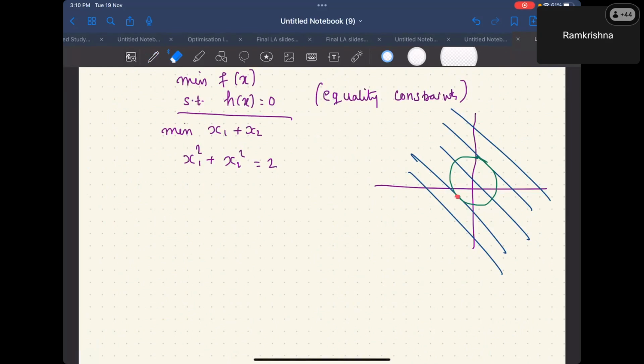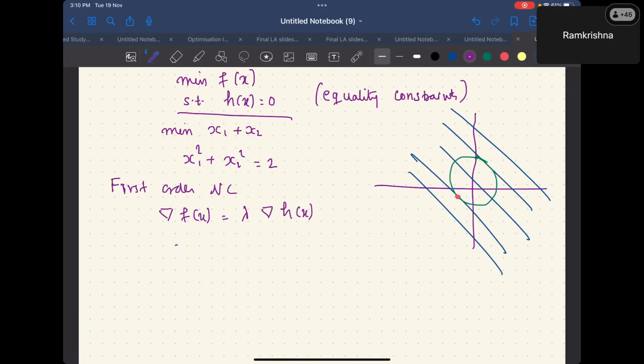My first order necessary conditions are of the form gradient of f of x is the gradient of h of x, and h of x equal to 0.